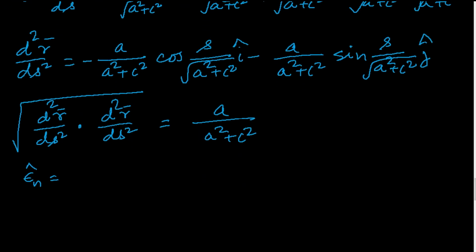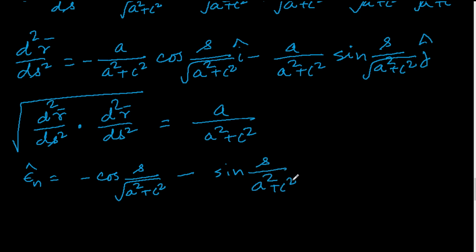E n would come out to be 1 over this times this, so these things will get cancelled out, and it will come out to be say minus cosine of s over a squared plus c squared, minus, here again 1 over this will just cancel this, minus sine of s over a squared plus c squared.